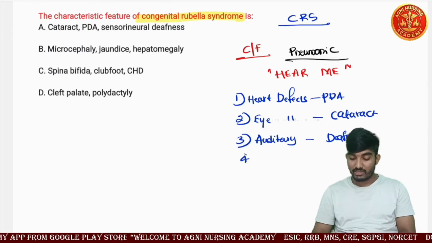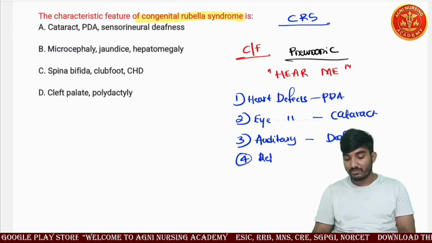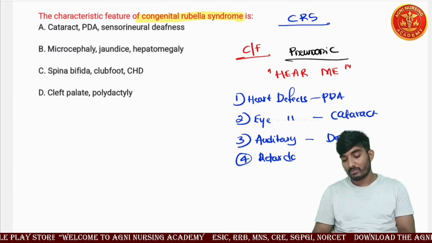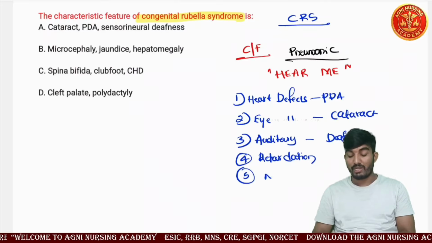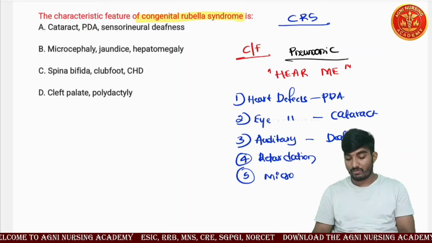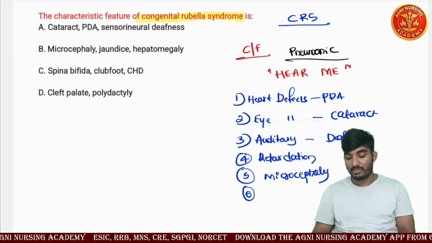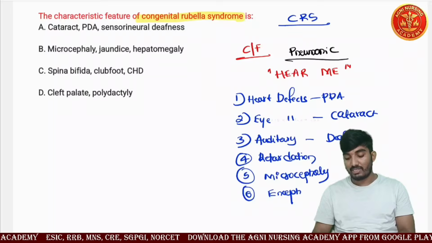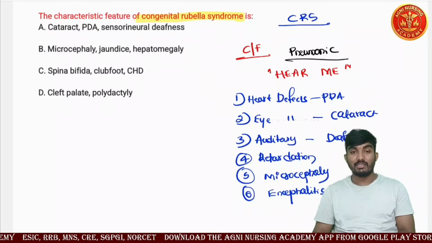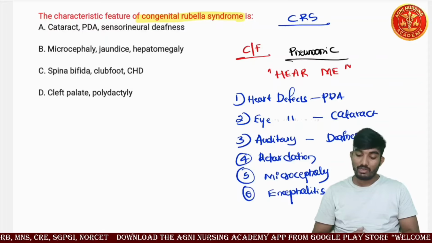The fourth is R, retardation. The fifth is M, microcephaly. The last one is E, encephalitis. These are the characteristic features of congenital rubella syndrome.